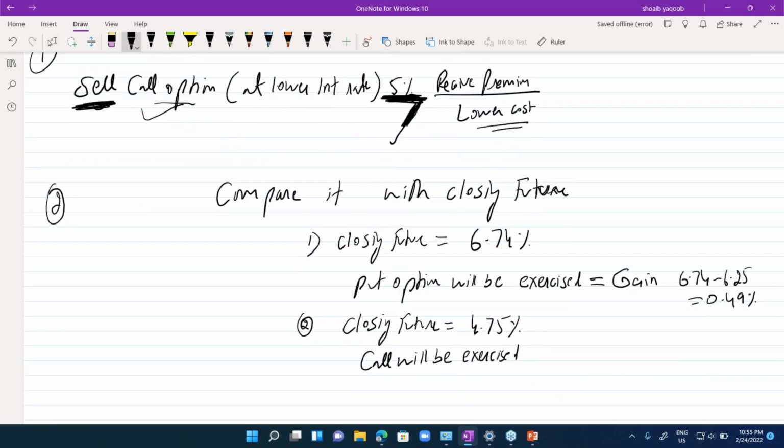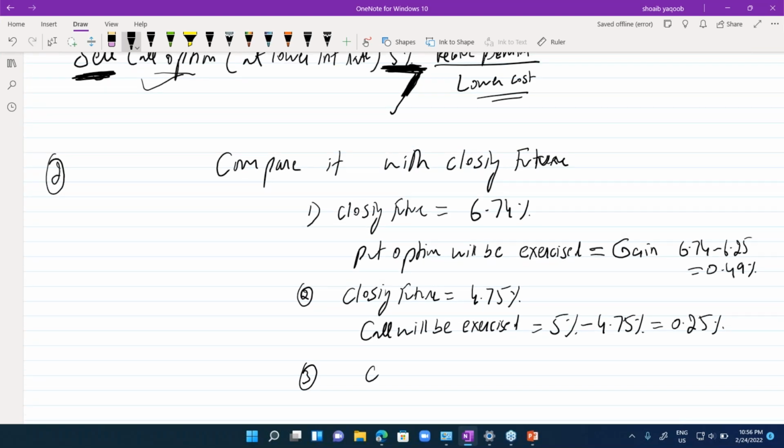So the counterparty will exercise when the counterparty is having the gain. That means we are having the loss. When the other party is exercising, the other party has a gain and we have a loss.